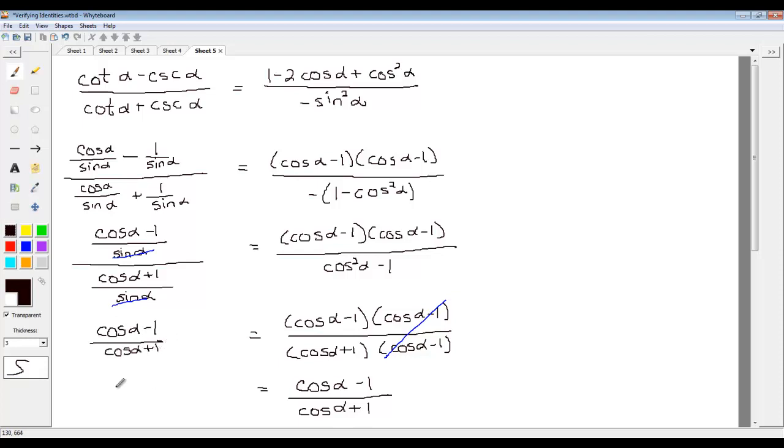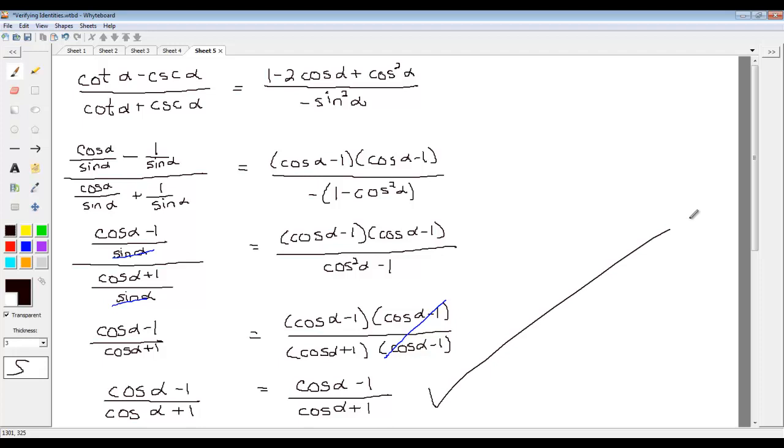And that's exactly what I needed, because that's what I already got the right side to look like. So if I can get the left side and the right side to match up, even though these aren't the original statements up here, as long as I can work with each side independently and get them to match up, I have verified the identity.